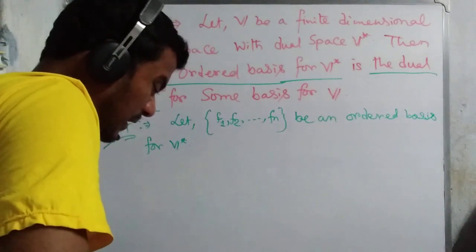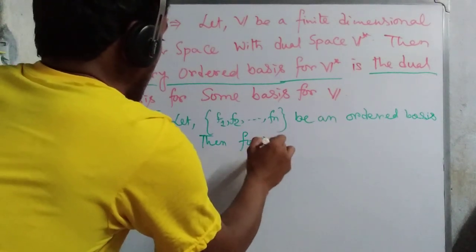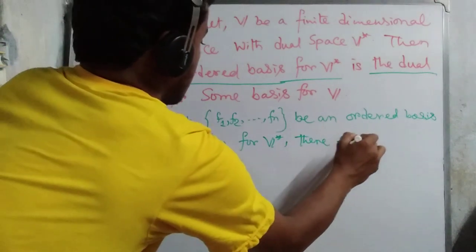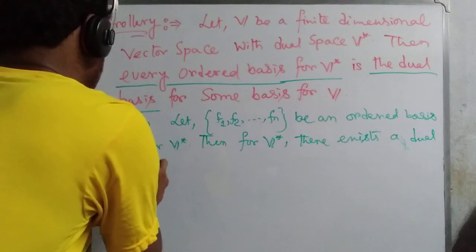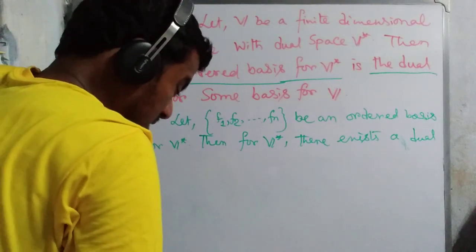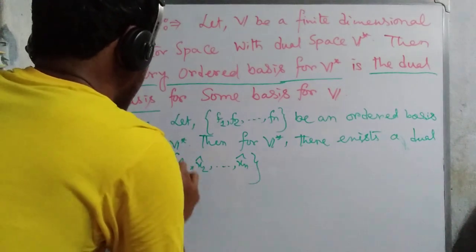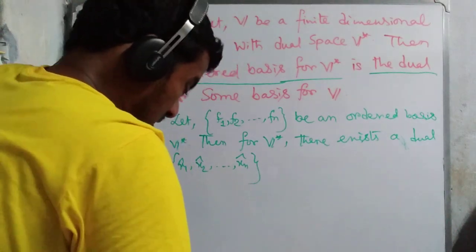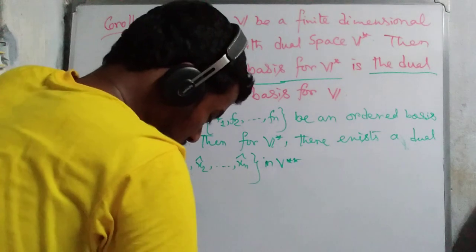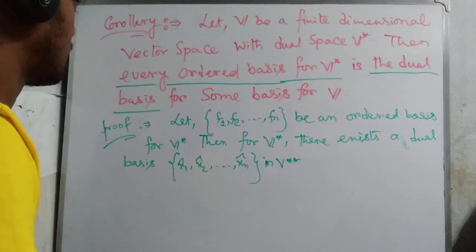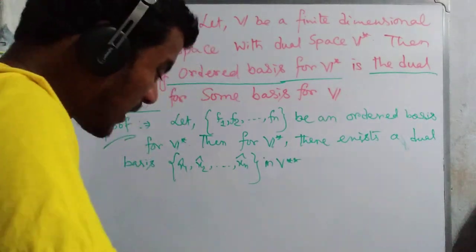Then for V star there exists a dual basis, x1 cap, x2 cap, ..., xn cap, in V double star.